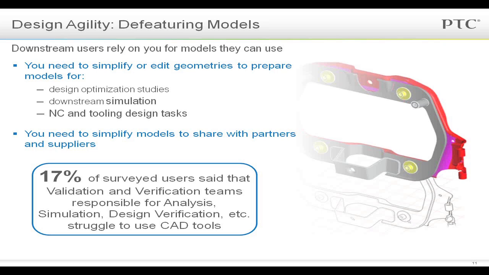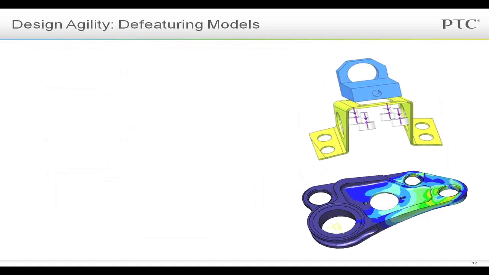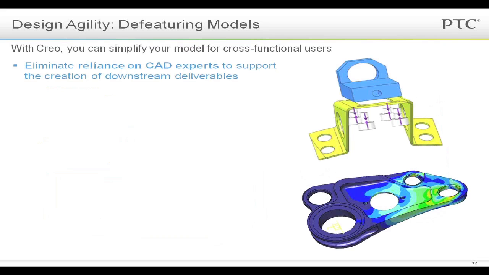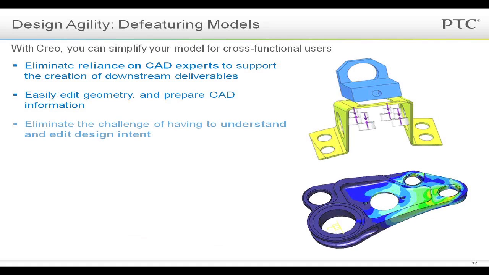All of that stuff is all possible with Creo, because again, the answer to the world of defeaturing is Creo. So we can very simply select geometry and just get rid of geometry for downstream deliverables. So there's less reliance on the CAD guys. There's much more reliance on what the geometry looks like. Now, really that means that the design intent doesn't need to be understood to edit the design itself.